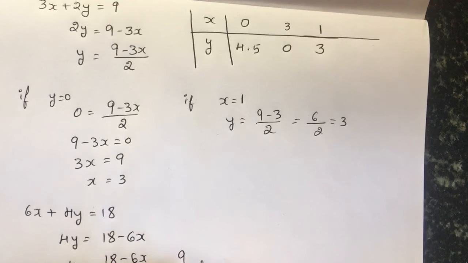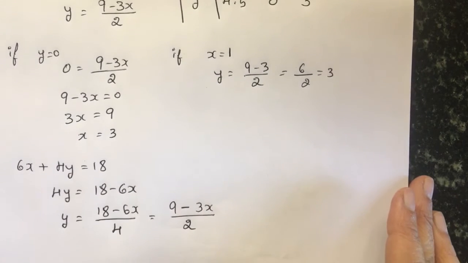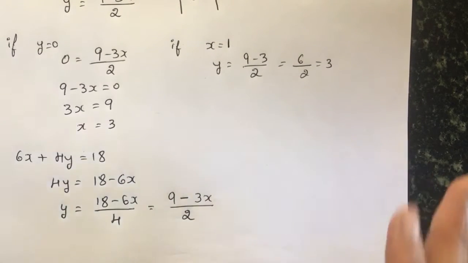So you will be getting (9 minus 3x) divided by 2, right? Taking 2 out, the denominator 4 becomes 2, and the numerator 18 minus 6x becomes 9 minus 3x. So this is equation 2.